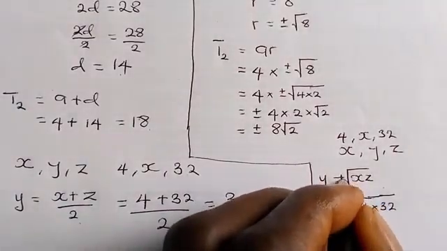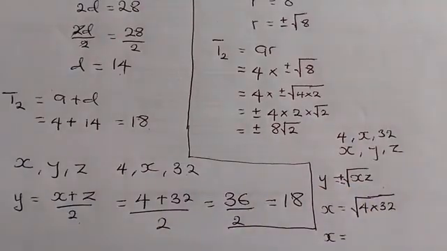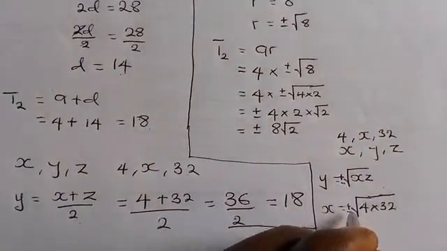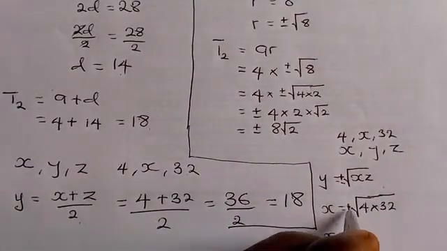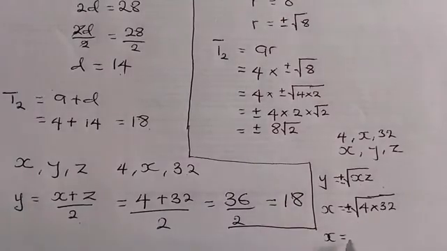This is supposed to be plus or minus square root of xz. So here is plus or minus square root of 4 times 32. For this next step, we are going to have the square root of 128.